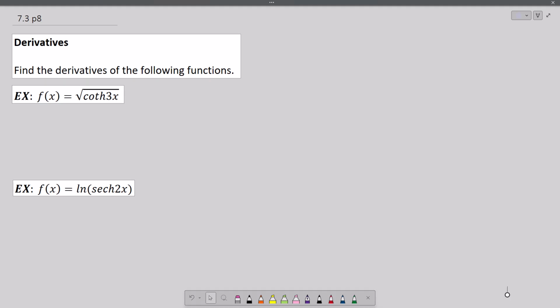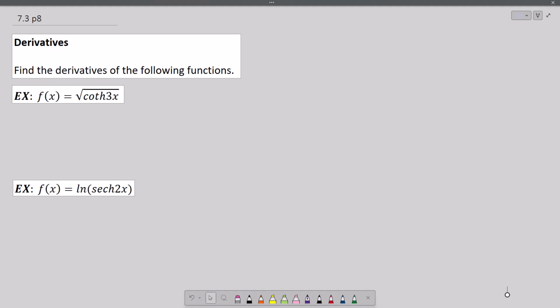That should be it. So it's 3. Pop, subtract, derivative of the inside. Yes, because that's the derivative of it.